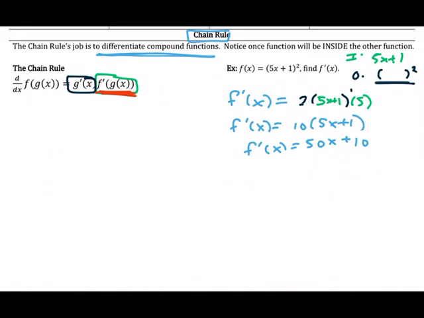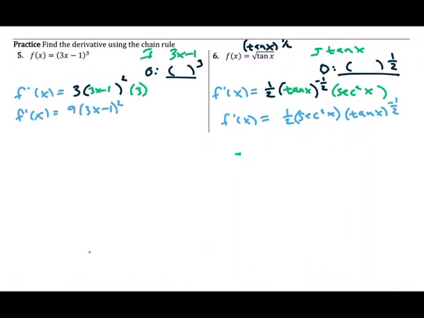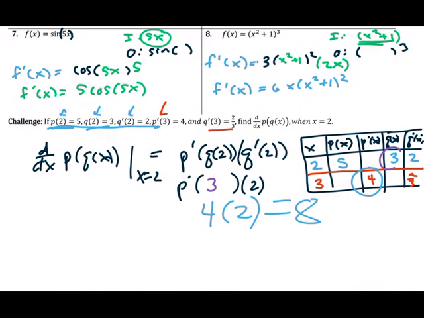We then talked about the chain rule, which says if you have a composition of functions, you're going to take the derivative of the outermost function, keeping the inside function the same, and multiply that by the derivative of the inside function. Then we worked through a lot of different examples where we first identified the inside and outside functions and then found the derivative using the chain rule.